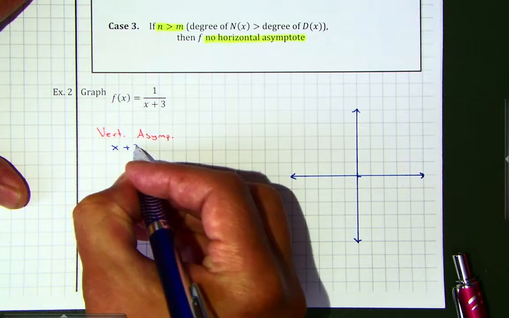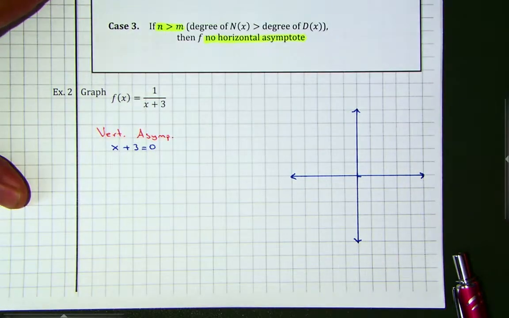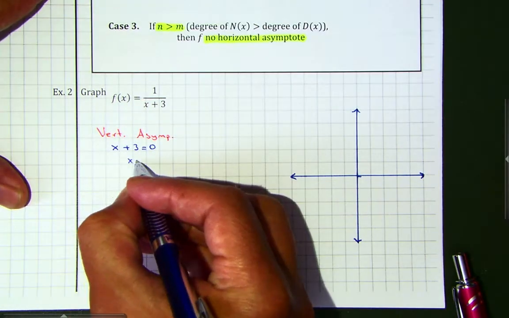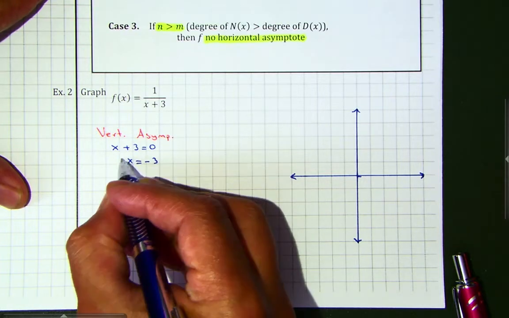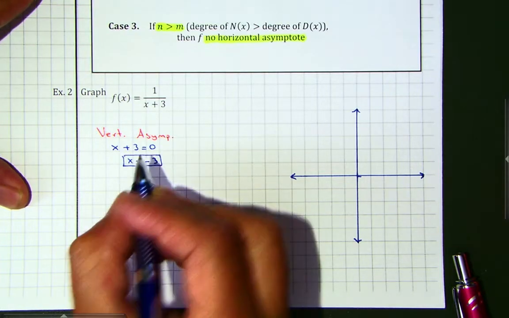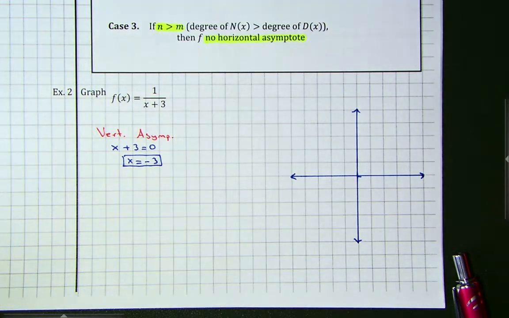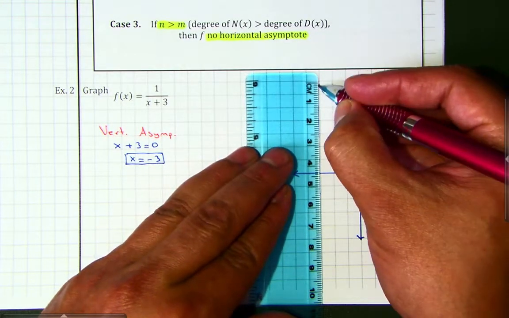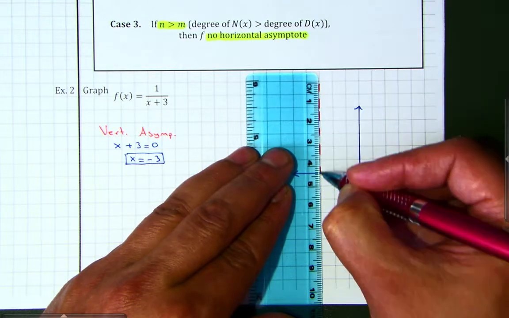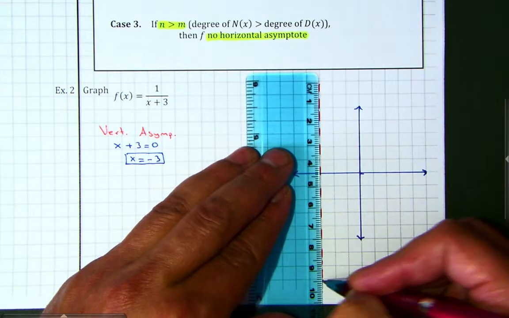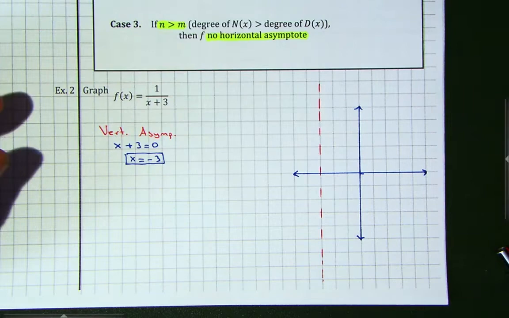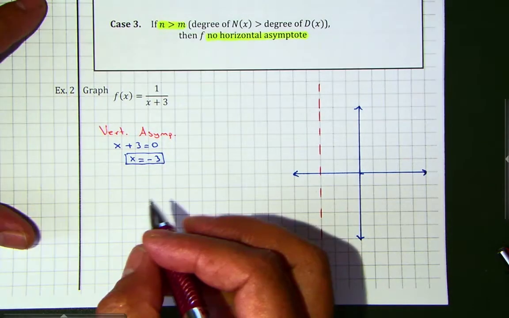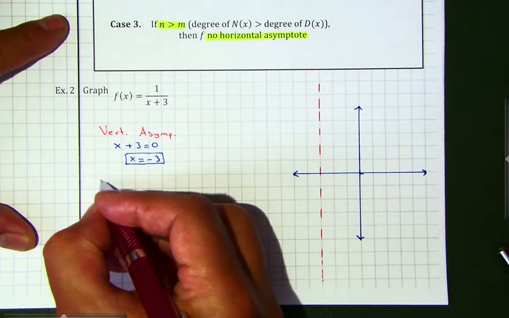So x plus 3 equals 0, therefore x equals negative 3. That'll be your vertical asymptote. So first thing we're going to do, we are going to place a vertical asymptote all the way through. Now we need to find our horizontal asymptote.